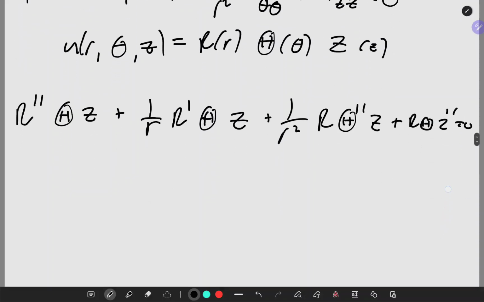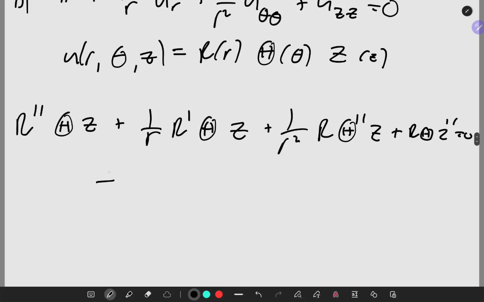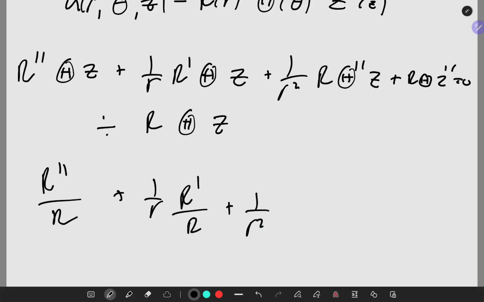Okay. We divide everything by R Theta Z. This would be R double prime over R, plus 1 over r, R prime over R, plus 1 over r squared, Theta double prime over Theta, plus, that would disappear, we're left with Z double prime over Z. So you see, we have three different variables.